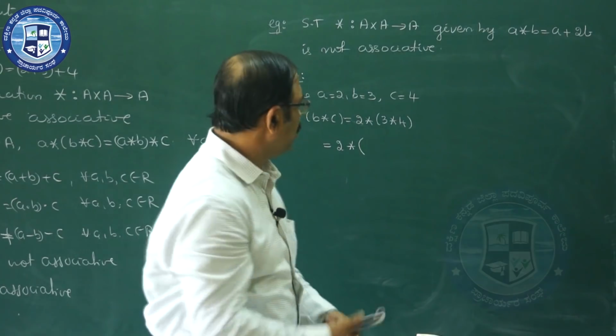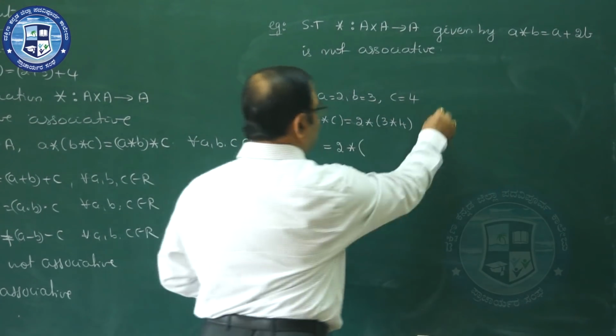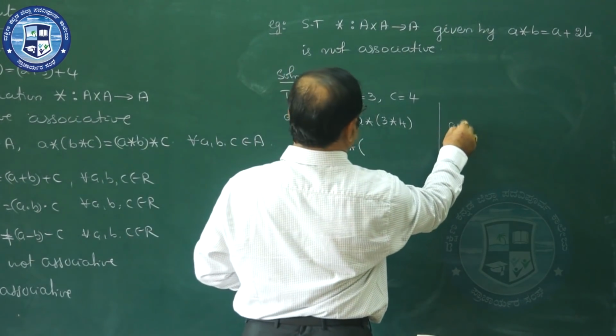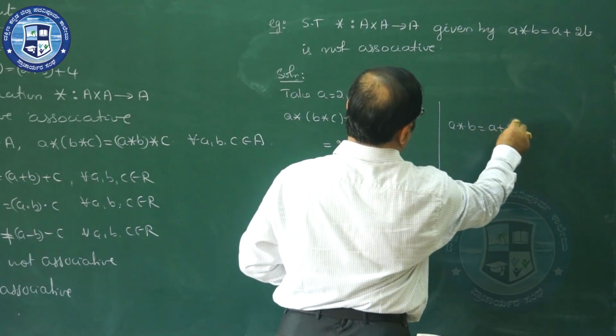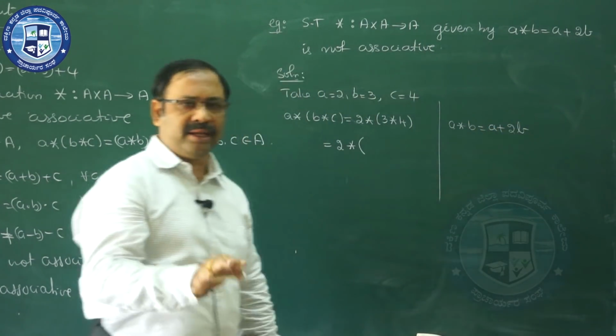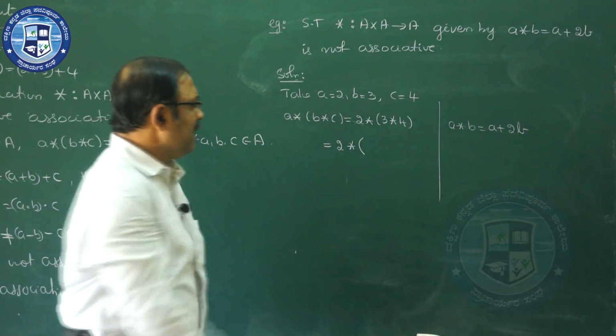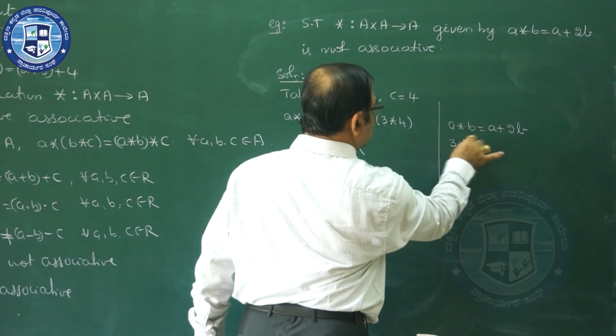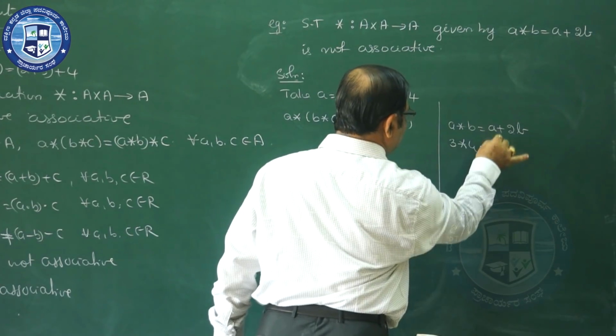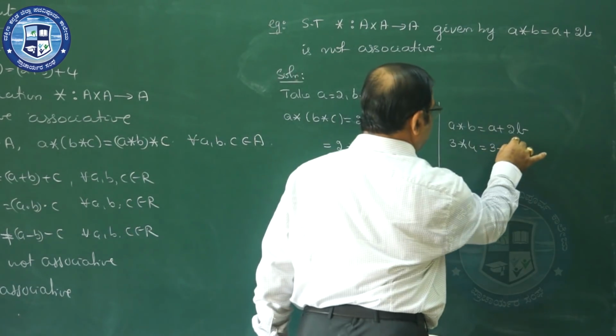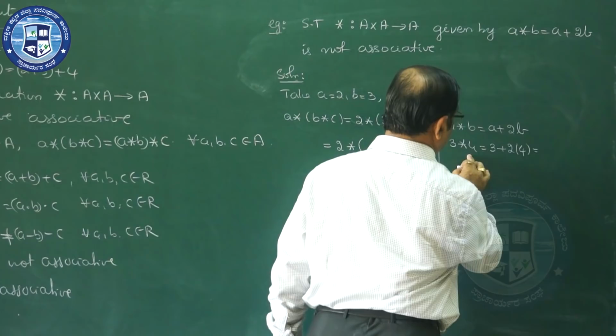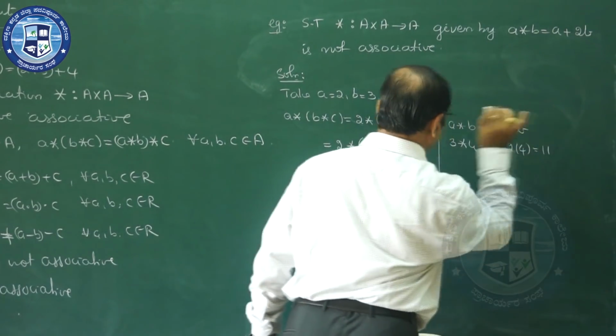Look here. I am writing A star B is what? A plus 2B. Defined. It is given. Now tell me, what is this 3 star 4? A is 3, B is 4, 4 twos are 8, 11.